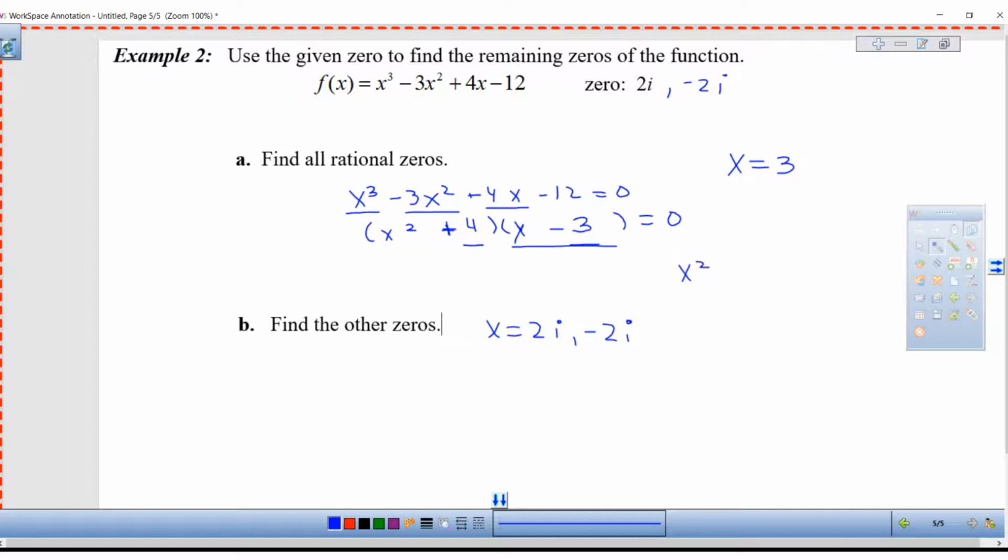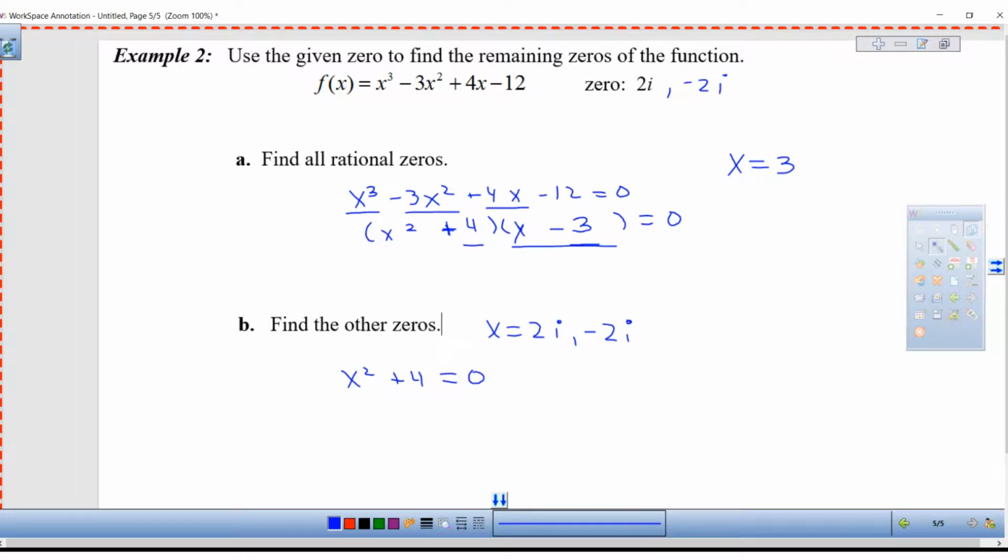This one right here, x squared plus 4 equals 0, that's not going to be rational. Now, I have seen Weber State take off points for showing this work right here in part B, because these aren't really rational, so this should really be written down here. So it's x to the second plus 4 equals 0.